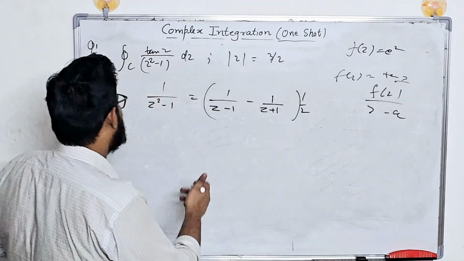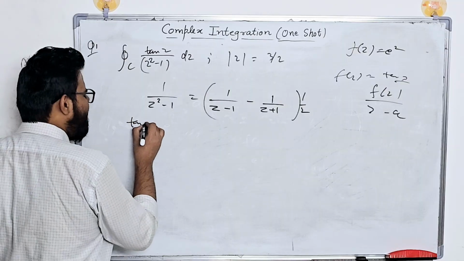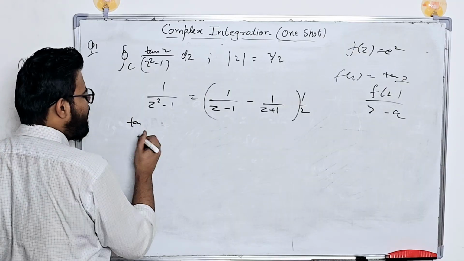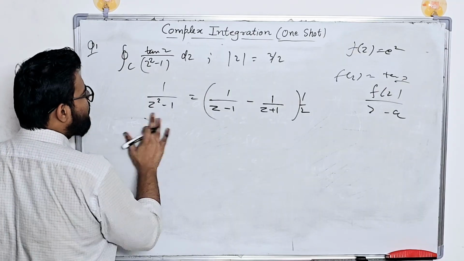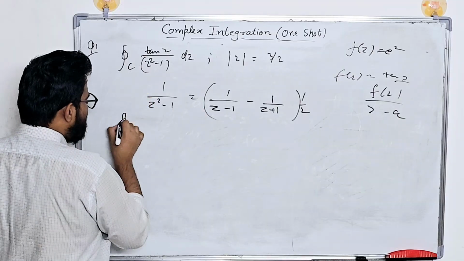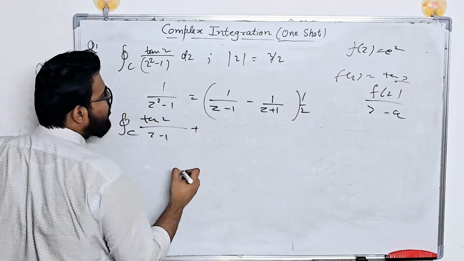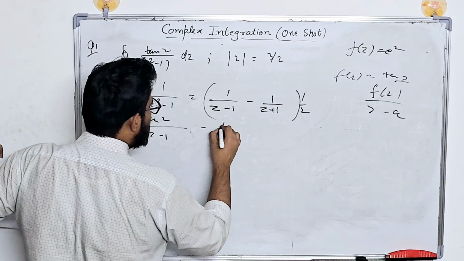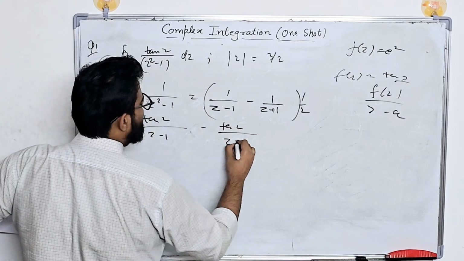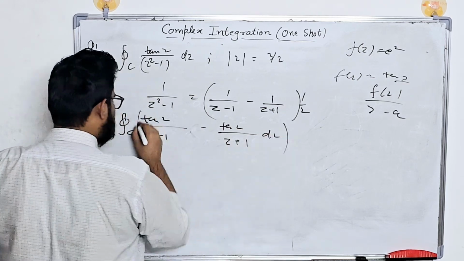Okay, let me solve it. So it will be tan z, that is, it will be simply tan of 1 over here. Let me evaluate this: tan z divided by z minus 1 minus tan z divided by z plus 1 dz, right?